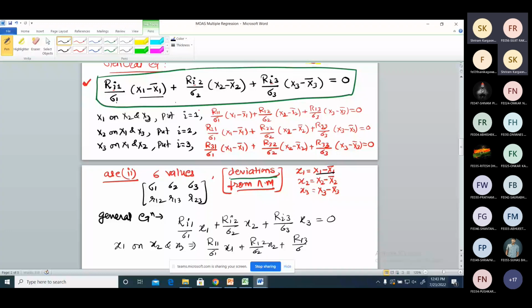But remember that capital letters are for variables and small letters are for deviations. It is sufficient that you understand this equation; then you can write both the cases. Did you understand this or not?